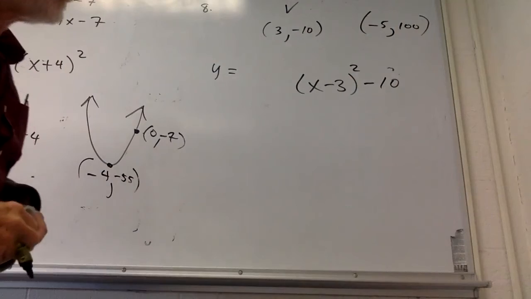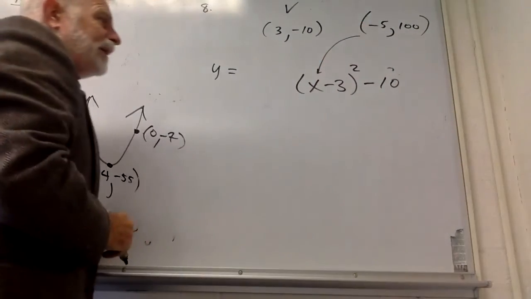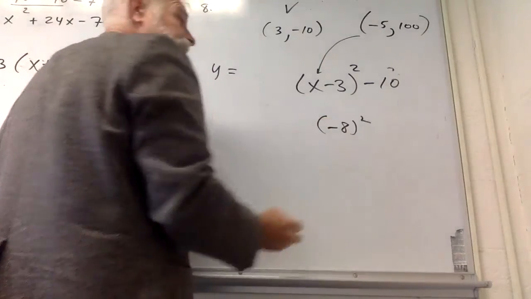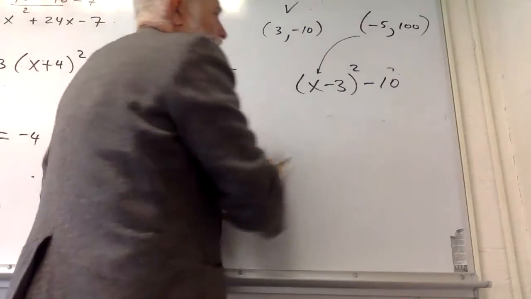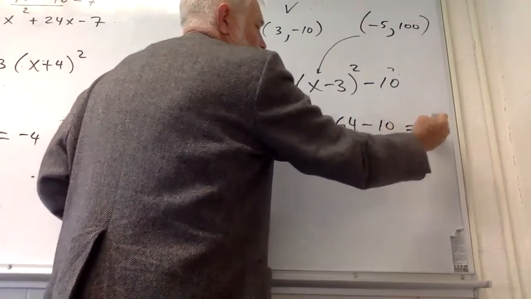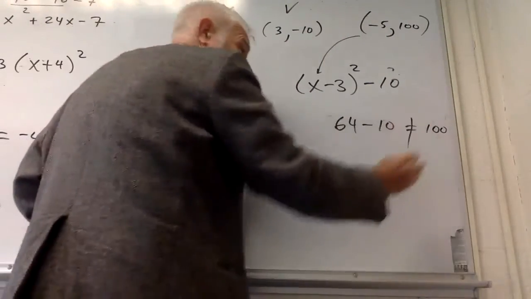That's why we do it. Drop in the next number, which is -5. -5 minus 3 is -8. -8 squared is 64. Is 64 minus 10 equal to 100? I think not. I don't think it is equal.